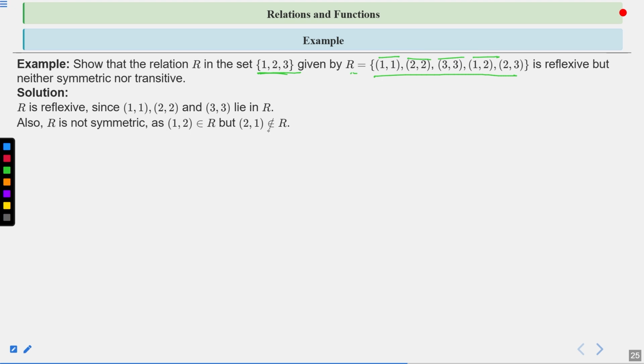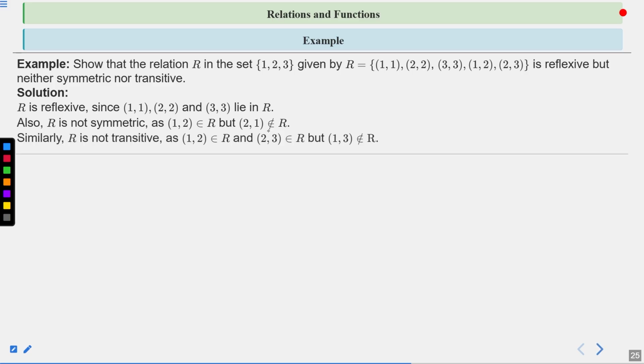If you interchange the positions, you will get another pair, which is (2,1), and you see that there is no pair (2,1). So (1,2) belongs to R, but (2,1) doesn't belong to R, so not symmetric.